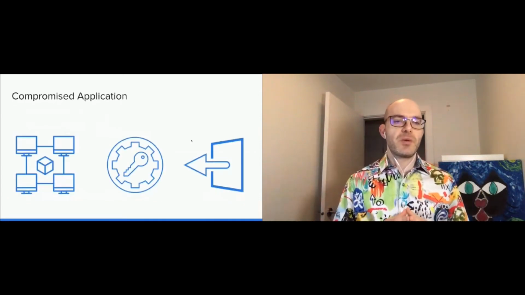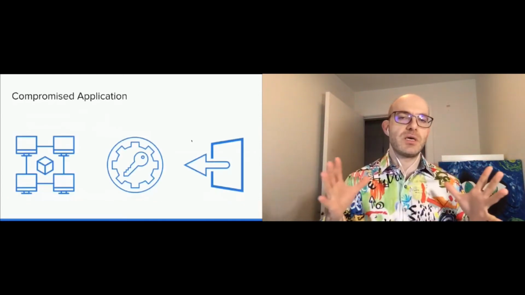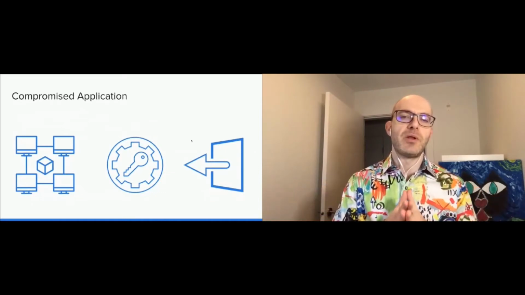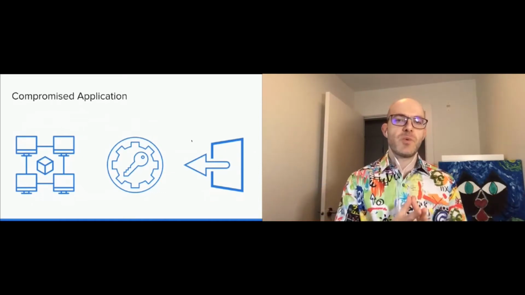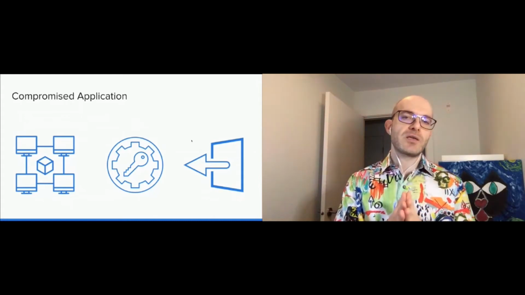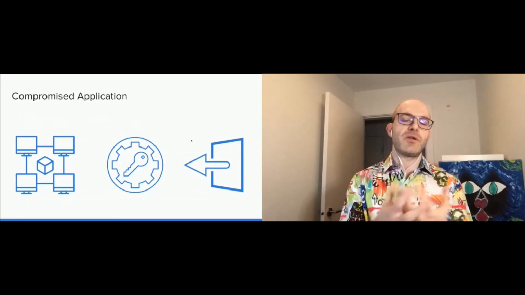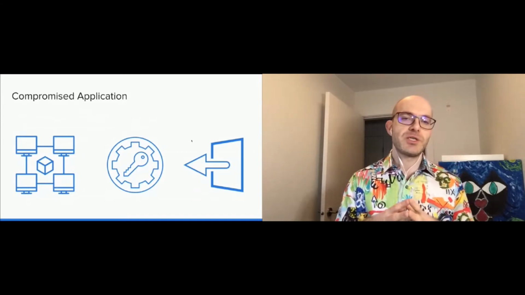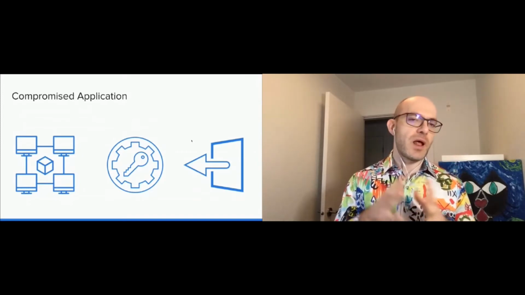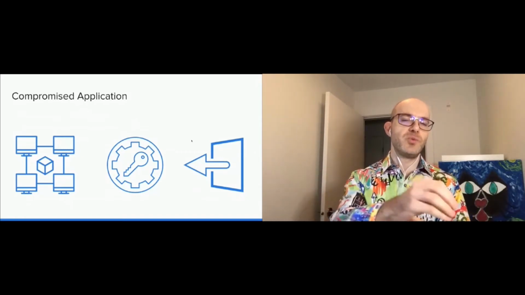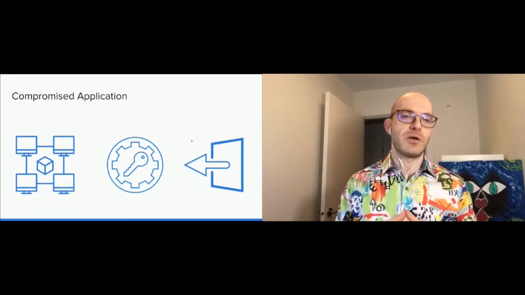And when we think about a compromised application, there's essentially three main things that can happen after that. The first one is network access and lateral movement. If I can access that container that runs my application, now potentially I can investigate what else is on that network and what else is running in that cluster and try to move laterally throughout the cluster.